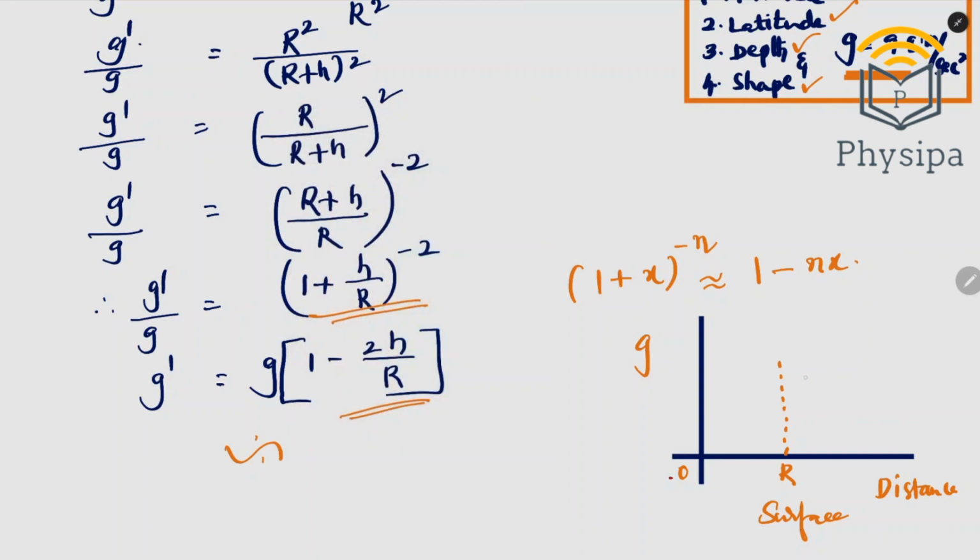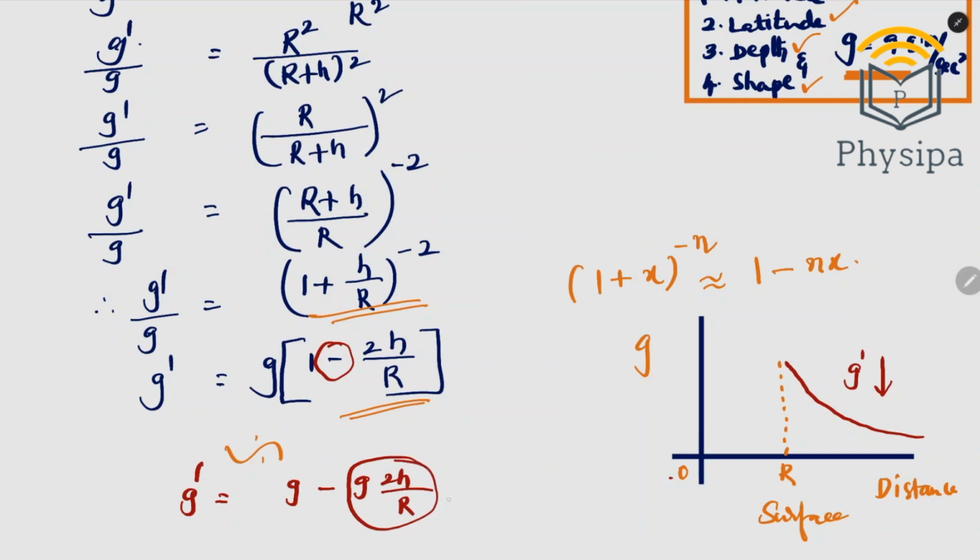When we move from the surface of earth to a greater distance, we can observe that the acceleration due to gravity g value decreases. This can be observed in this expression with a minus sign, that is g dash is equal to g on the surface of earth minus g into 2h by r. The g into 2h by r factor is responsible for the decrease in g value.